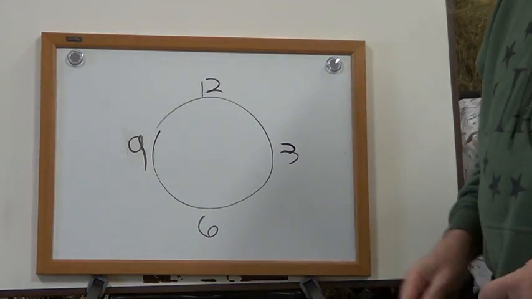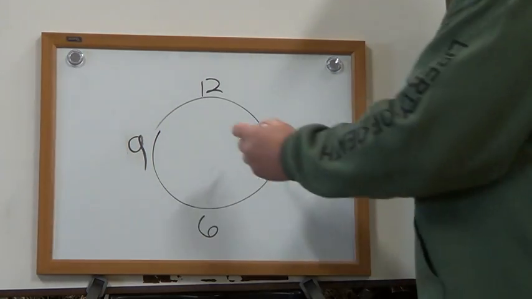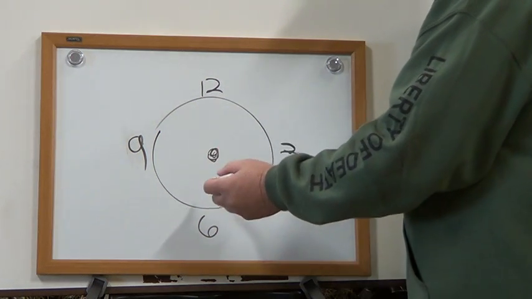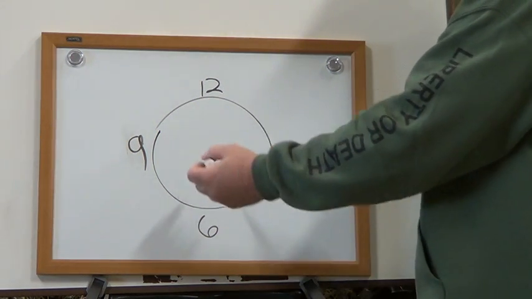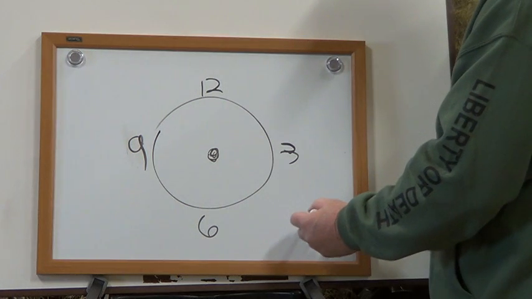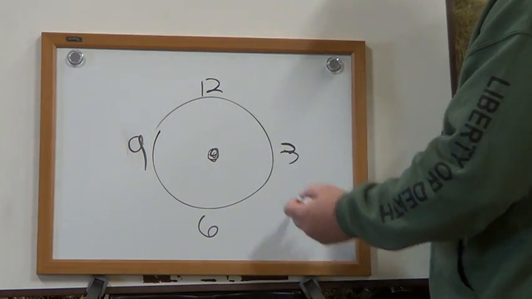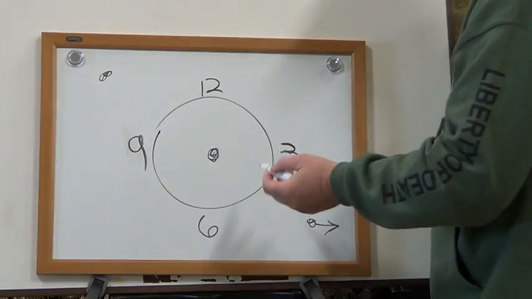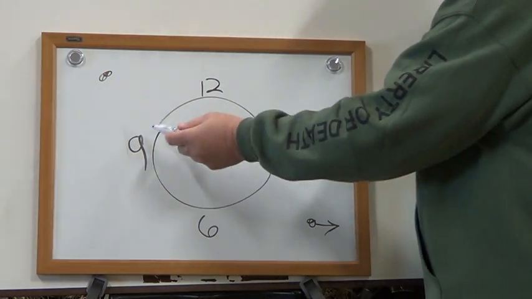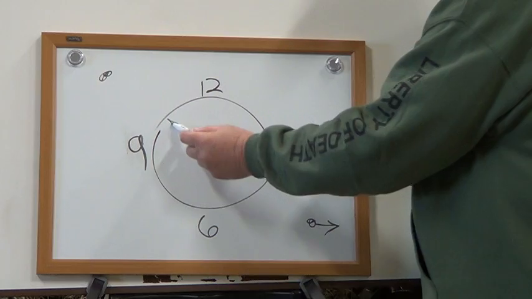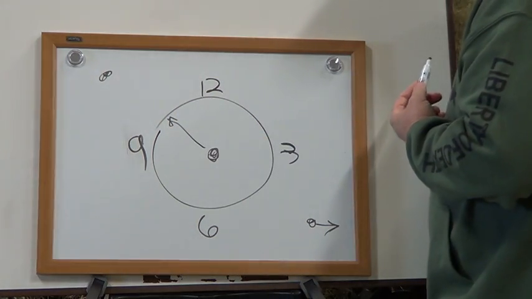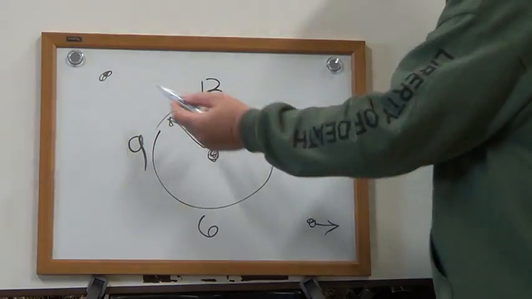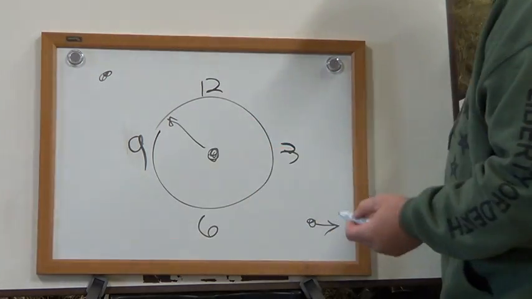Alright, so on a clock method, the observer is normally in the center. If I'm over here covering this way, and I see something over here, I'm going to tell this guy at his 10 or 11 o'clock there's a target so many meters out, or there's movement, or something I can't make out.